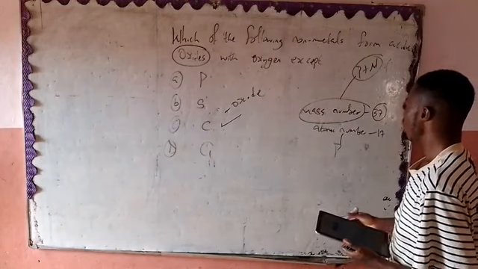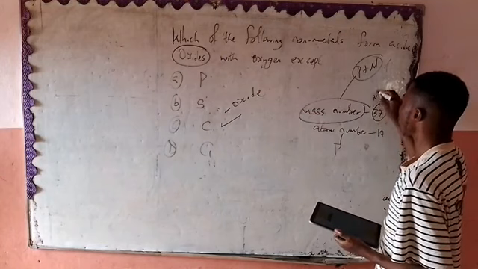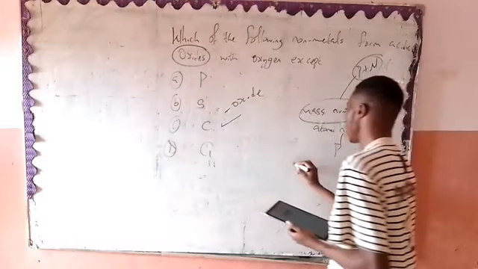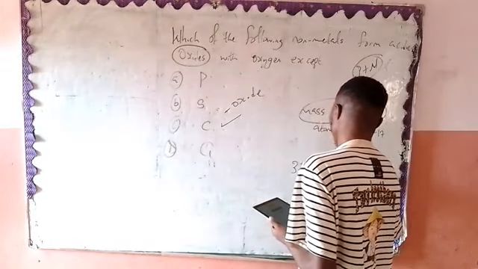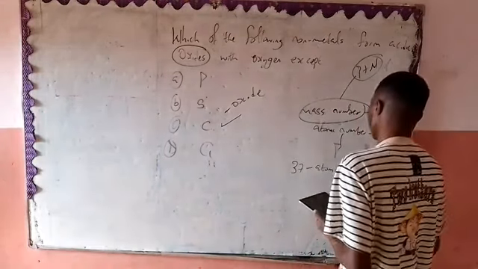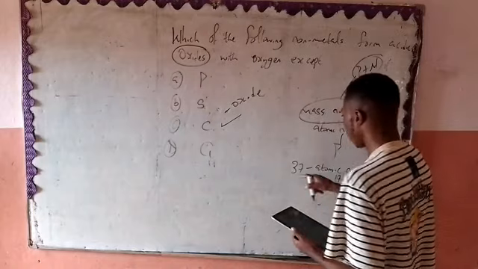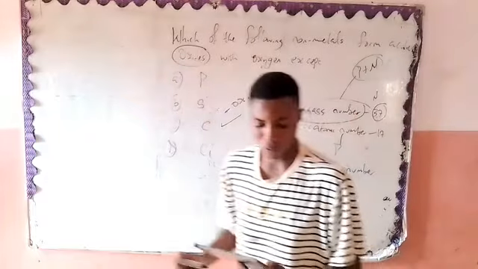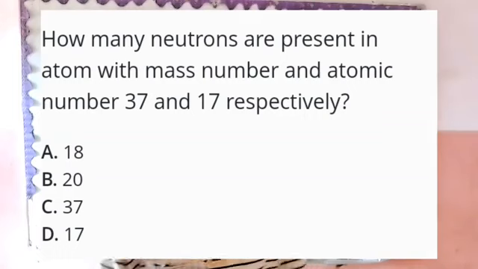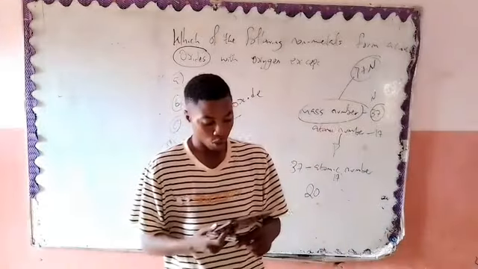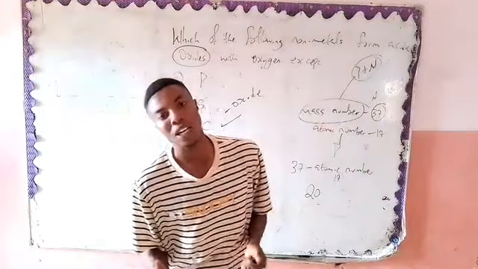So to get the number of neutrons, what am I going to do? 37 minus the atomic number, which is 17. 37 minus 17 gives us 20. So let's look at our options: A, 18; B, 20; C, 37; D, 17. So option B is 20.